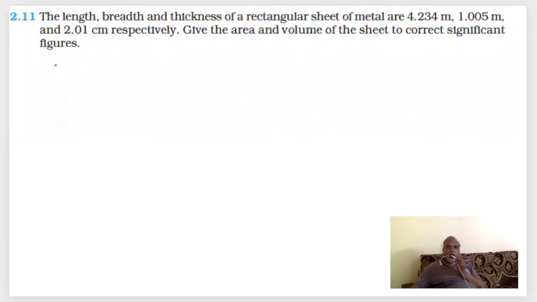So, here we have been given length is equal to 4.234 meter.